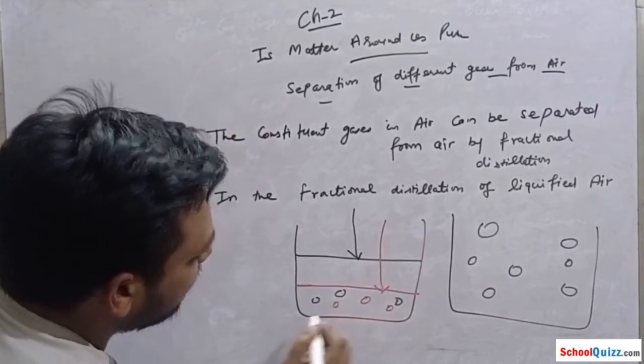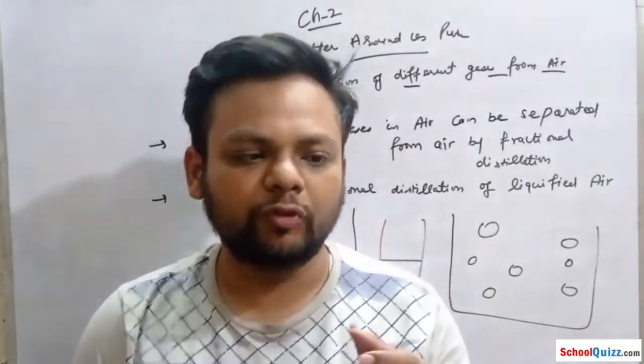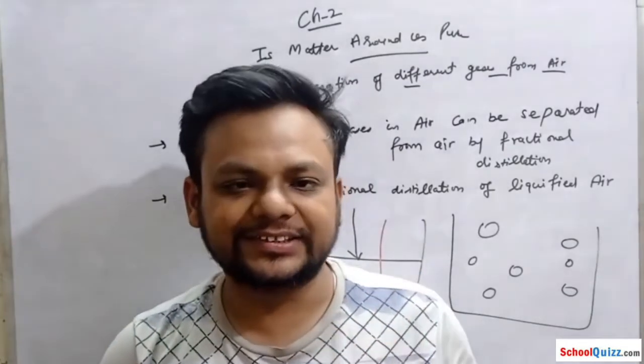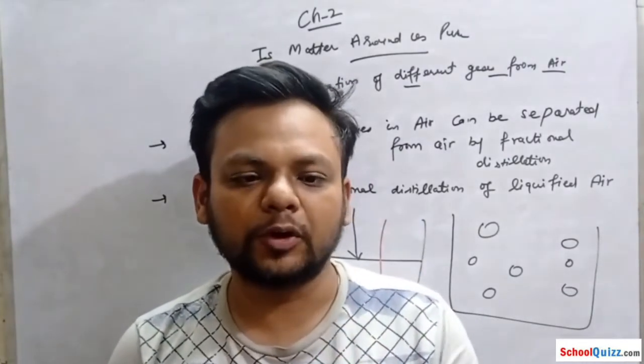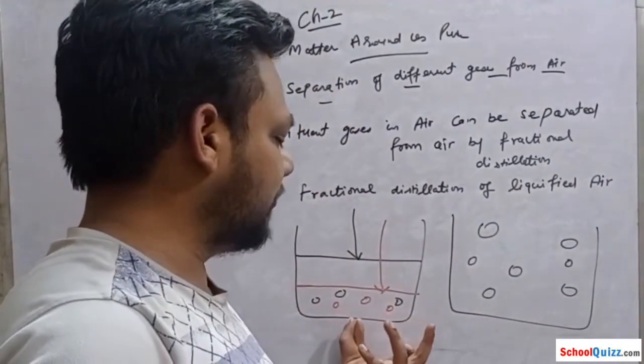The molecules will come here, and then we can liquefy the air. We will apply the pressure, due to which space decreases and the molecules come closer. So as we know, it will be liquefied.